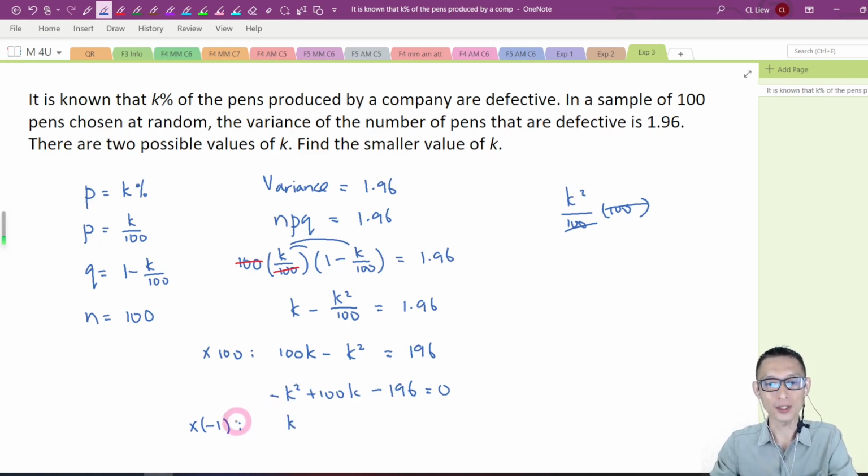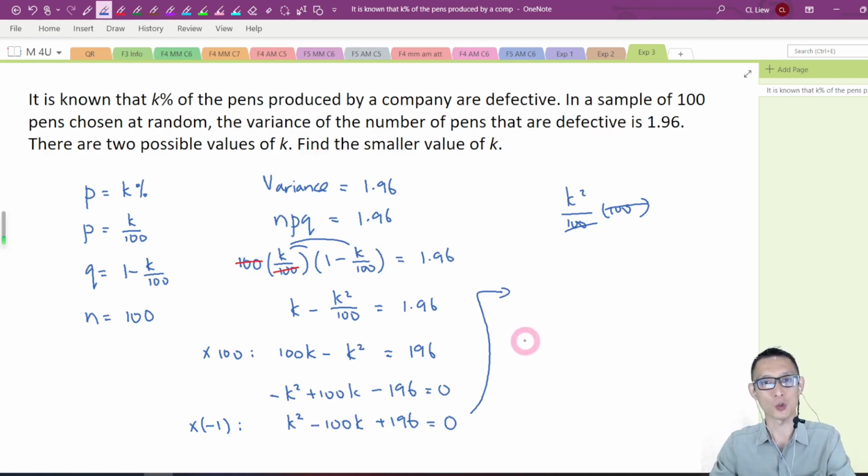Once I multiply the whole equation by a negative number, all the signs here will change. Negative will become positive, positive will become negative, negative will become positive. Okay, 0 remains unchanged. But the number is still a little bit big, so let me use a calculator to help me get the answer.